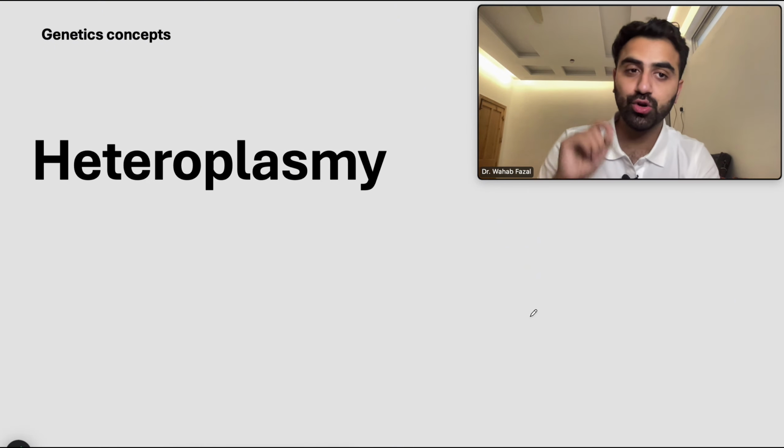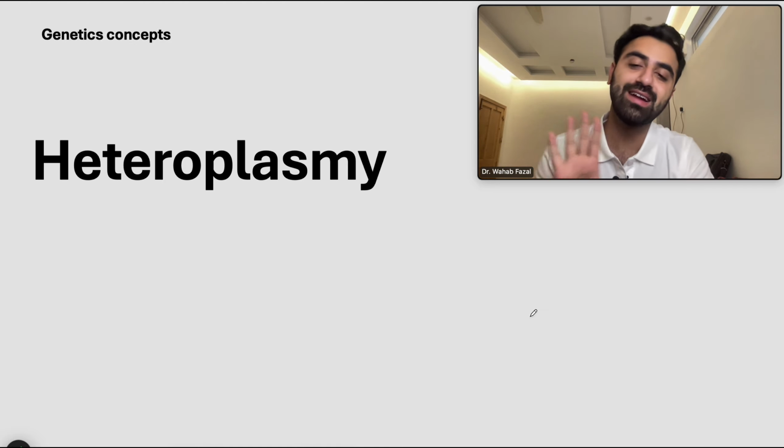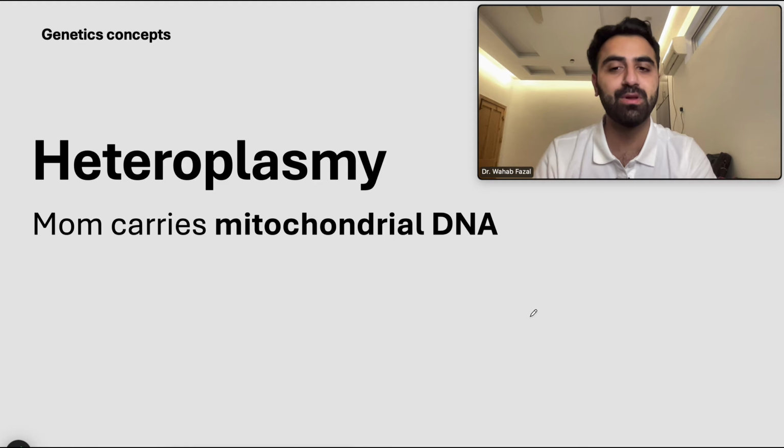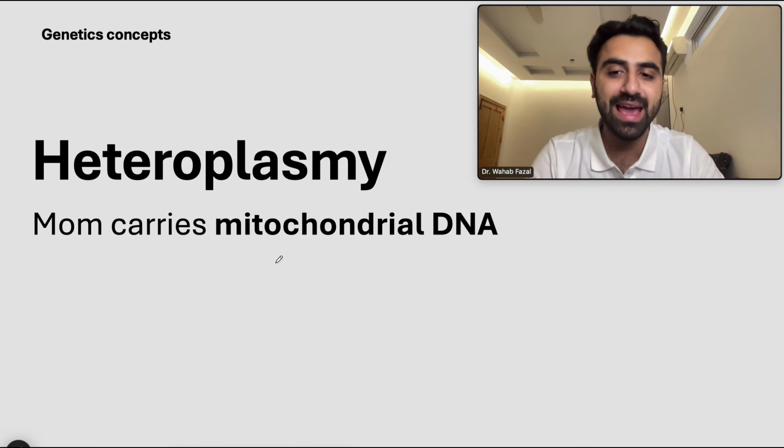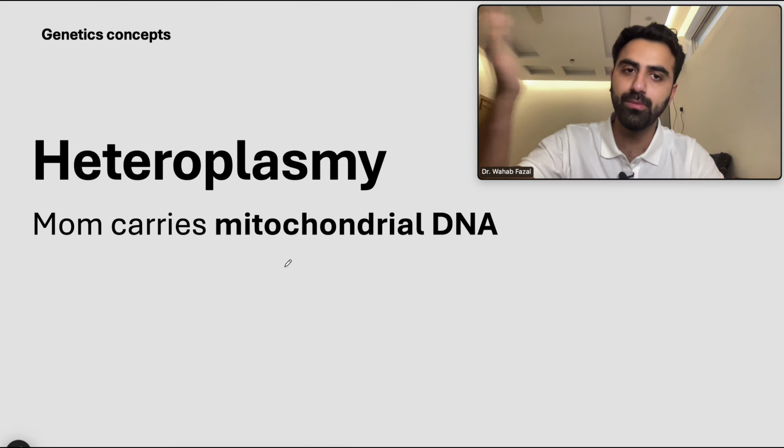Then let us talk about the concept of heteroplasmy. This is a very simple and very interesting topic, and the best example is that the mom carries the mitochondrial DNA. Therefore, mitochondrial diseases are primarily carried from the mom to their kids.